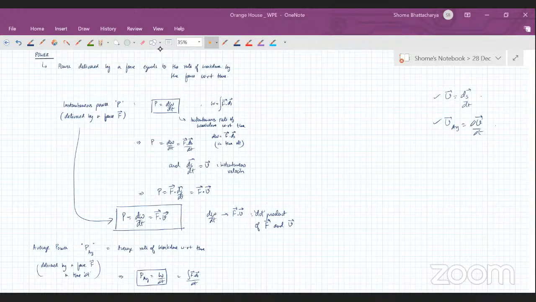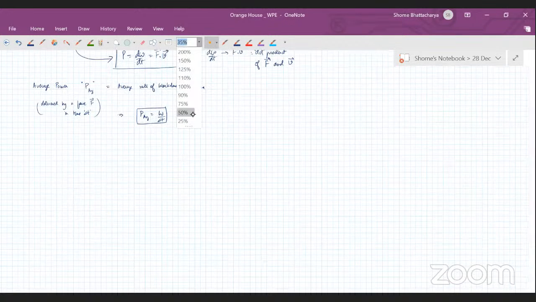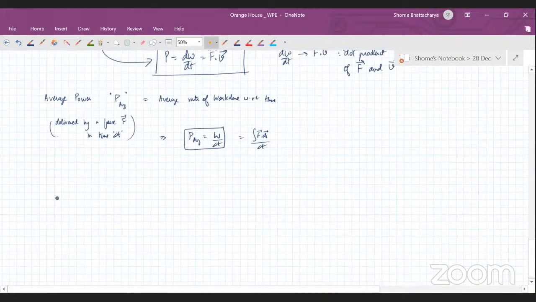Okay, now the next thing we'll understand is the unit of power. So hope you are done writing this down, Varun. Power is measured in watts.